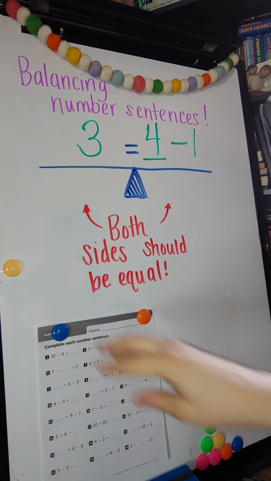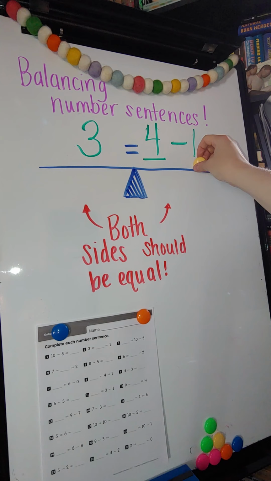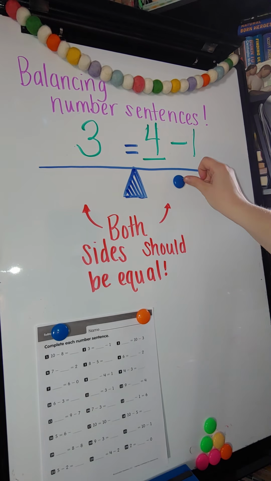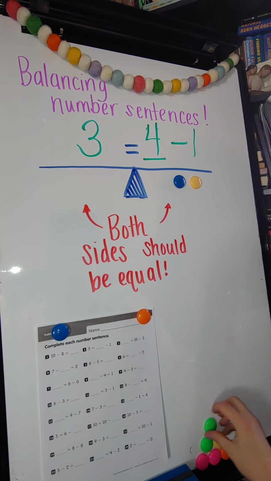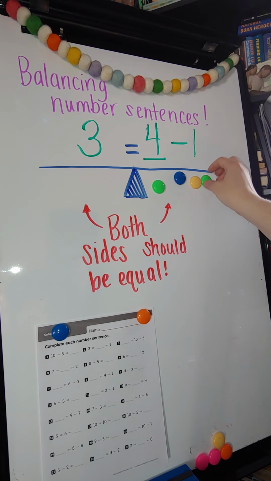And I might even have my kiddos try to figure this out because I'd say, okay, I have 1 over here, and I know that I'm going to be taking that away. So here we go. If I had 4 over here and I take 1 away, that's going to equal 3. Something you can do is allowing your child to make a mistake.